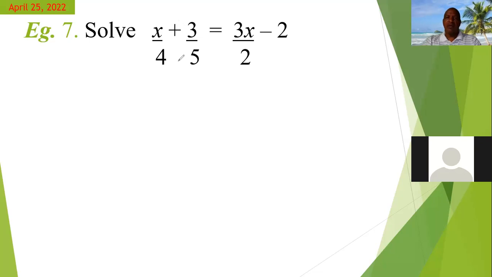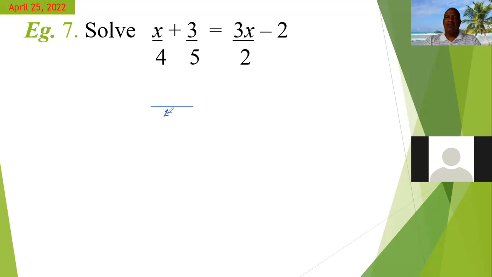All right, so on the left-hand side, we look at these 2 fractions and find the LCM of both. So adding the 2 fractions, we need to find the LCM, and the LCM for 4 and 5 would be 20.